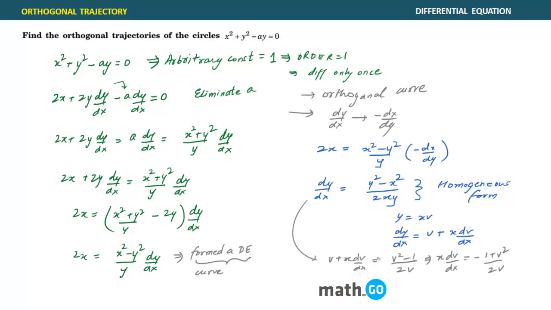And if you try and solve this further, this is the equation you will get over here, which can be easily simplified. This gives 2v/(1 + v²) dv = −dx/x, and now you can simply integrate this, right? You just need to integrate this particular step over here.